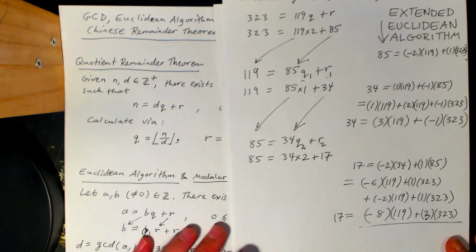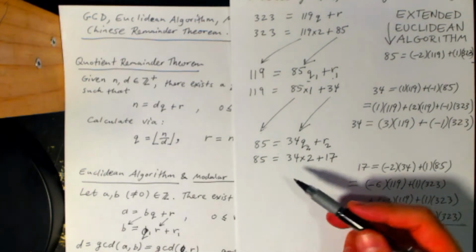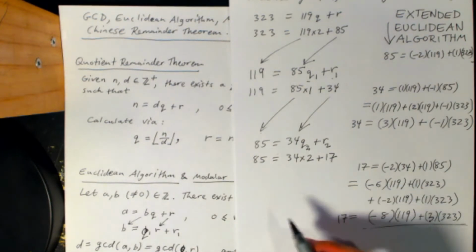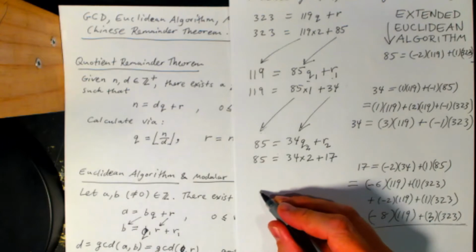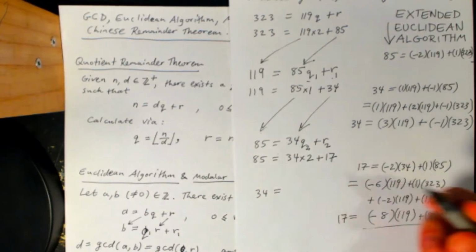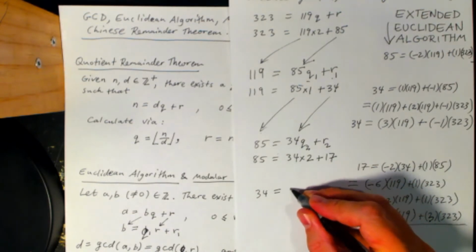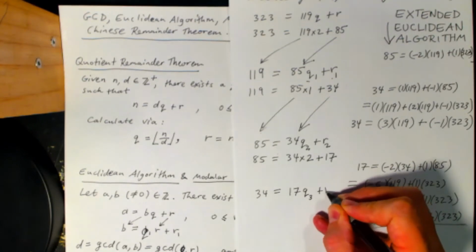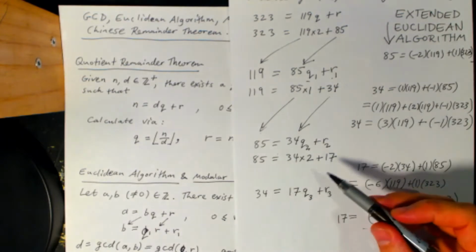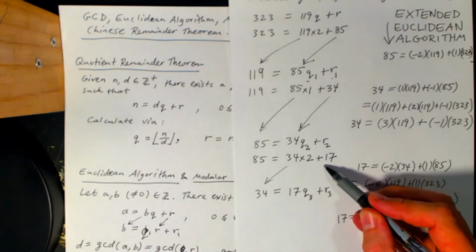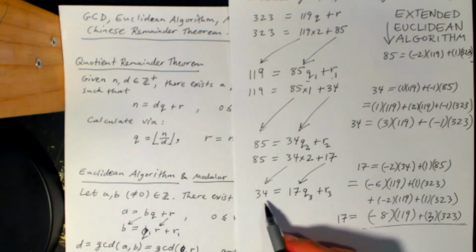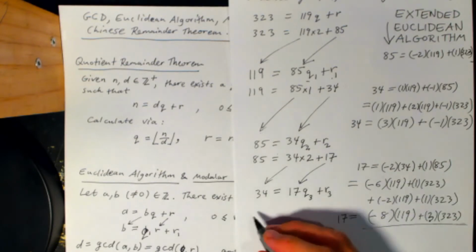Okay, so now that I have that, I want to continue the ordinary part of the Euclidean algorithm, which would be to take the 34 over, and then I bring the 17 over, and then I seek a Q3, and then plus an R3 for the third remainder. Now this is simple to see because 34 divided by 17 is 2.